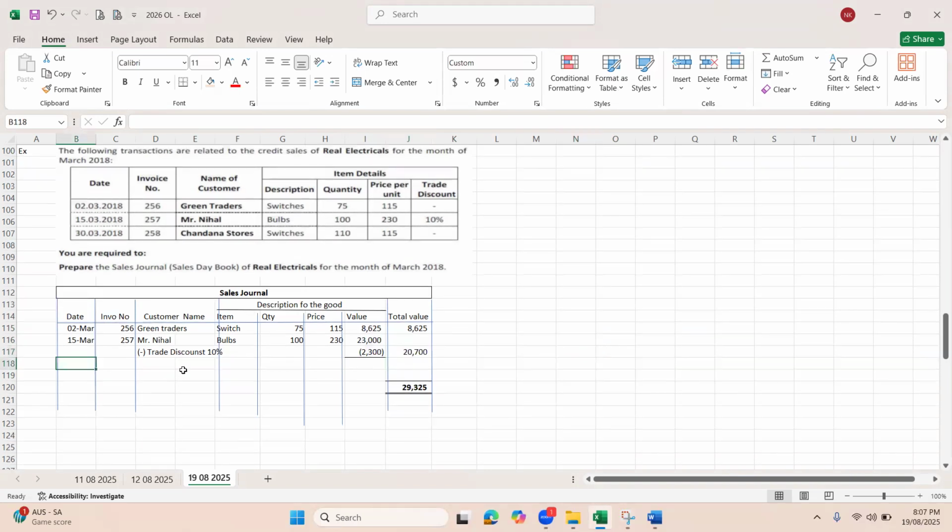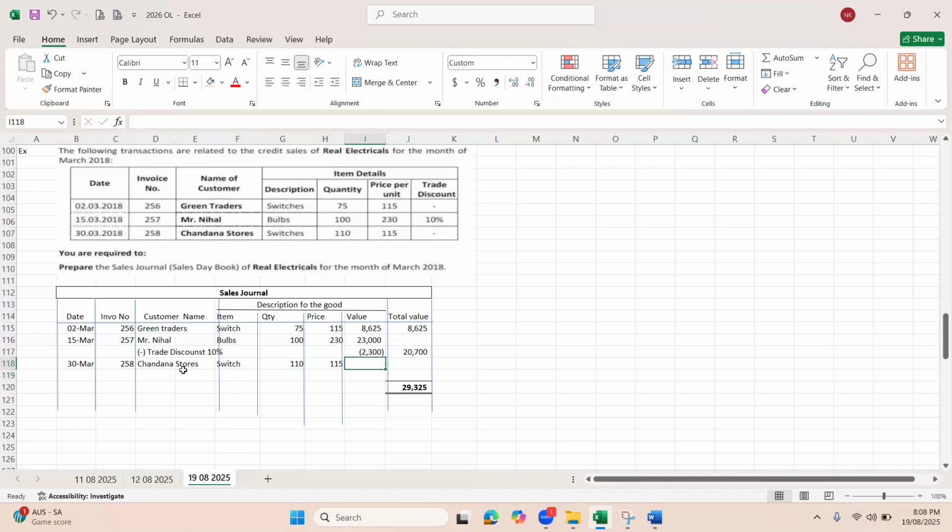Right? Then the third transaction, 30th March, invoice 258, Chandana stores, switches. Again, the quantity is 110, price 115.